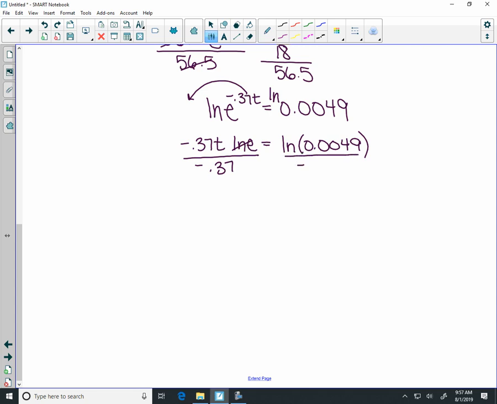None of the steps in these problems are terribly difficult. It's all algebra. It's just having the confidence of going from one step to the other and fine-tuning those algebraic steps. When I put ln of 0.0049, all divided by negative 0.37, I got 14.374 days.